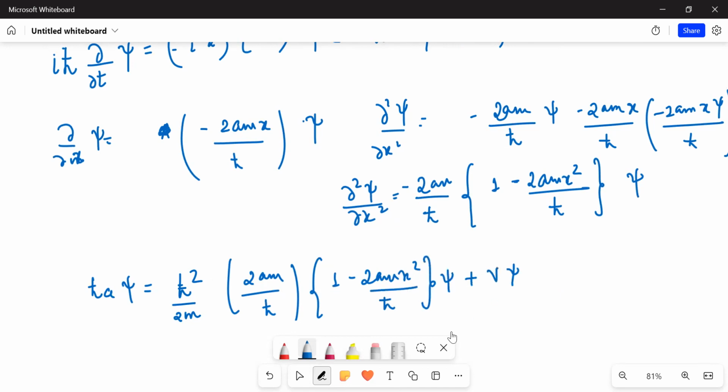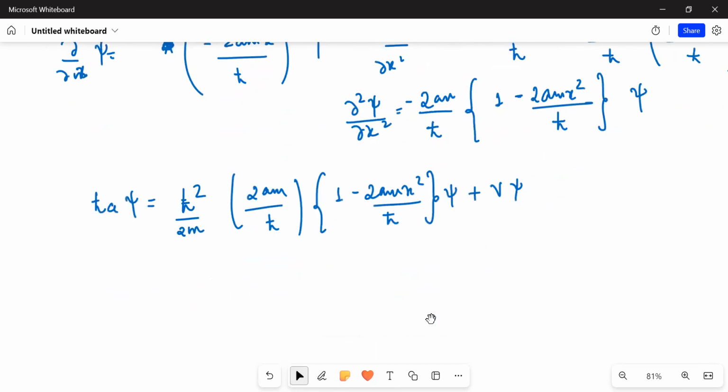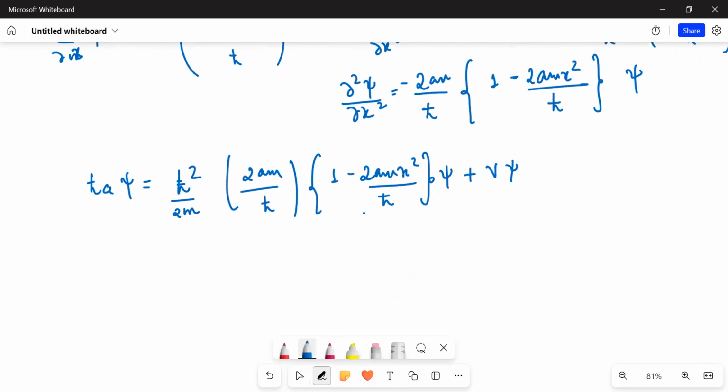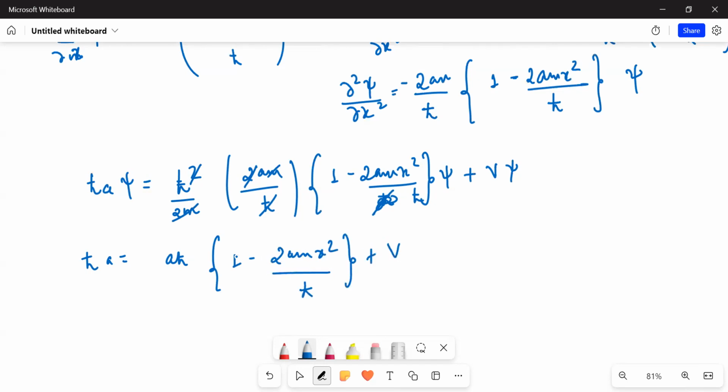So overall, I'll take this common out, and what I'll get is h cat a, this and this, not this, sorry. So this will get cancelled. 2m would get cancelled. So you have a h cat here as well. 1 minus of 2am x square upon h cat plus V. So this a h cat and a h cat would get cancelled.